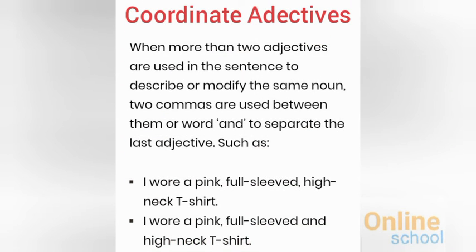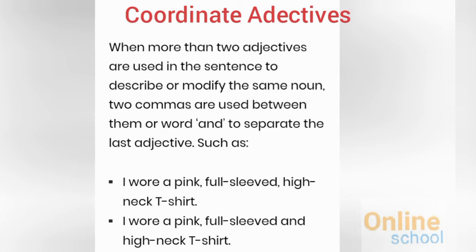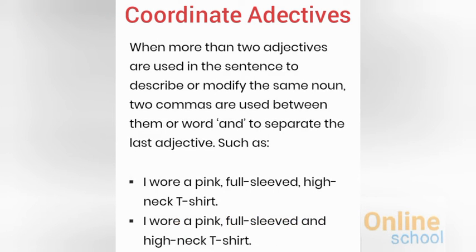When more than two adjectives are used in the sentence to describe or modify the same noun, two commas are used between them, or the word and to separate the last adjective, such as: I wore a pink, full-sleeved, high-neck t-shirt. We can say this sentence in this way: I wore a pink, full-sleeved and high-neck t-shirt.